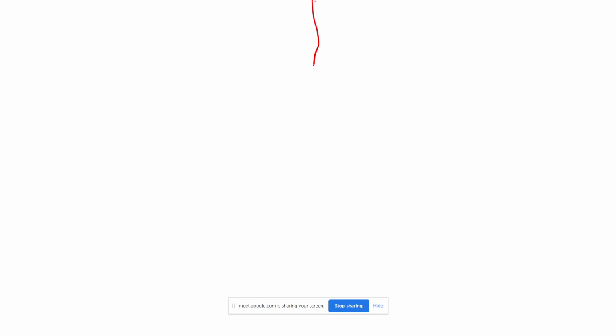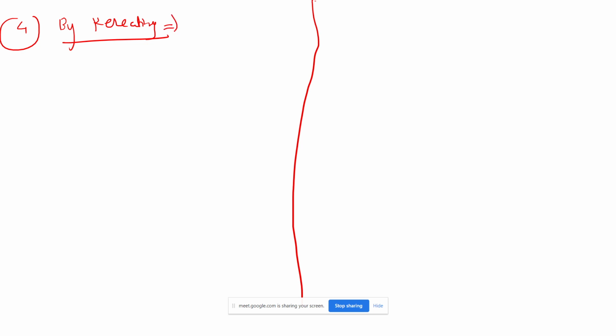Now, fourth, what we have discussed: reheating. Why reheating? In the gas turbine we have discussed, what happens by reheating? What is the effect? The net turbine work output increases.